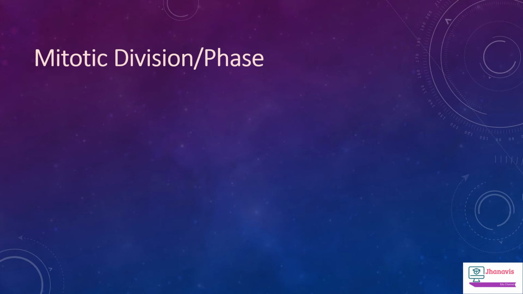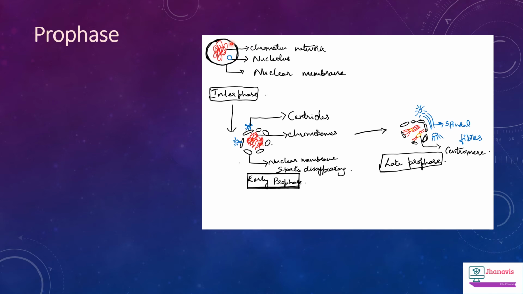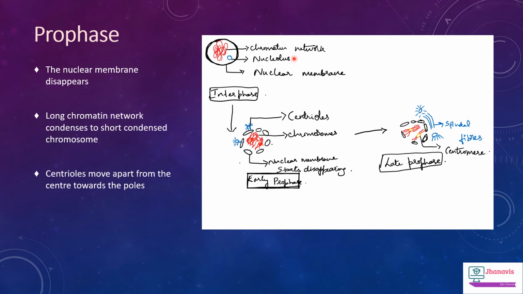Let's learn about mitotic division. Mitotic division is mainly divided into four phases, namely prophase, metaphase, anaphase and telophase. You can see in the interphase, here there is a nuclear membrane, here is the chromatin network, here is the nucleolus.